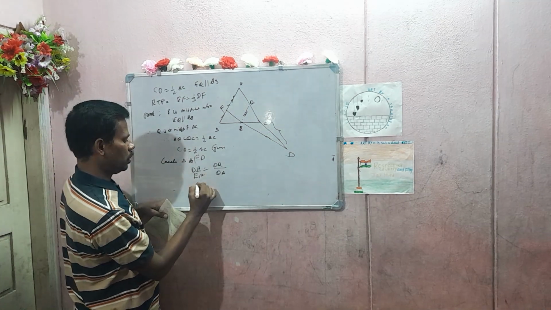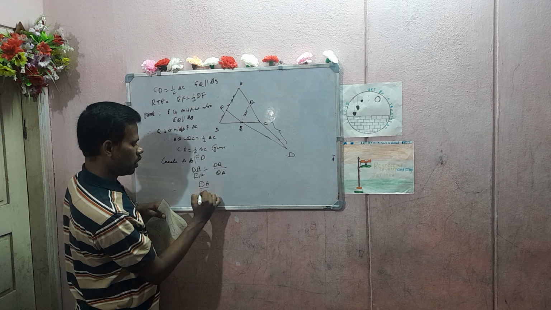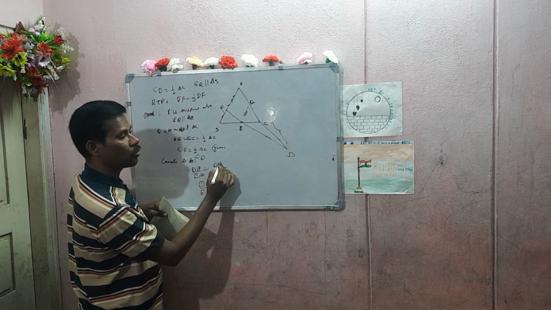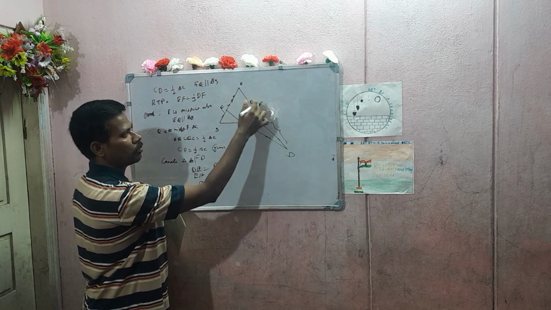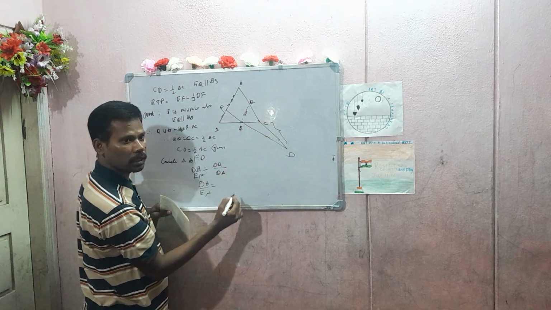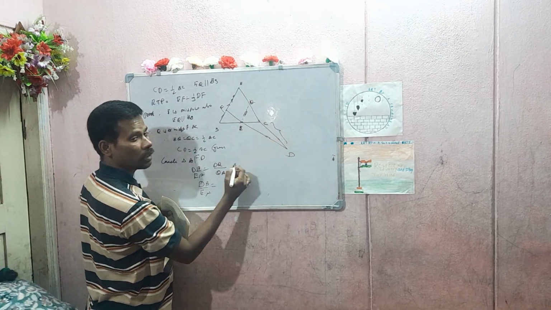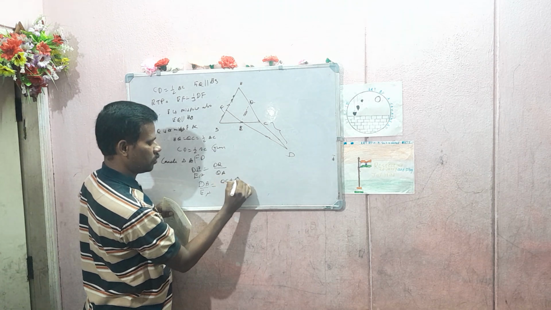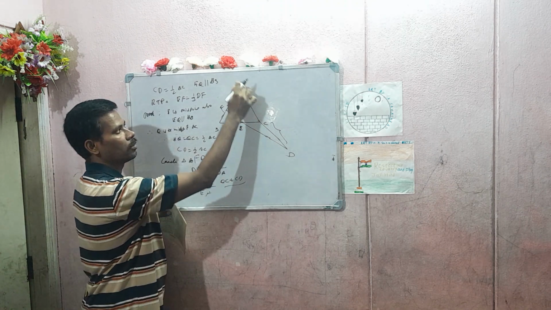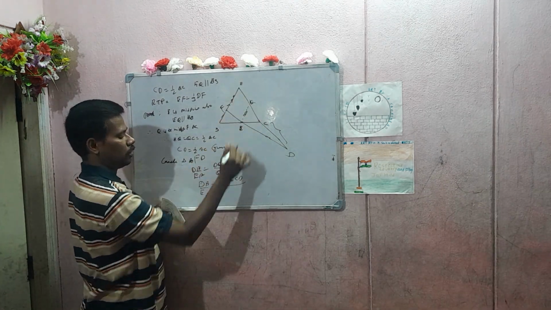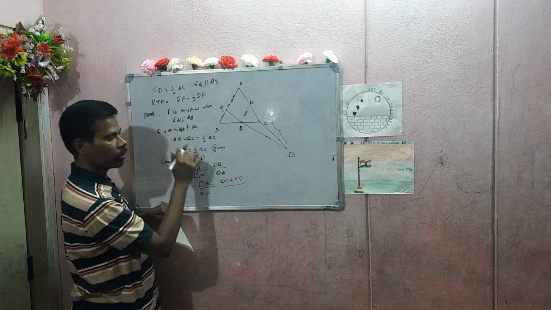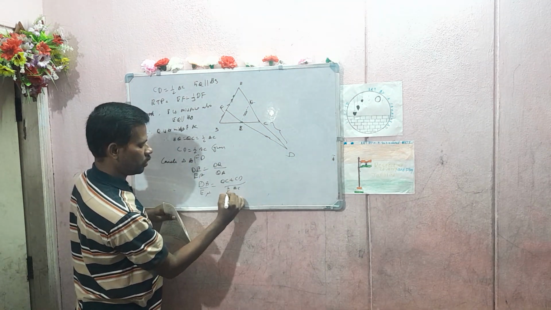DQ is nothing but QC plus CD. QA is AQ, which is half of AC.